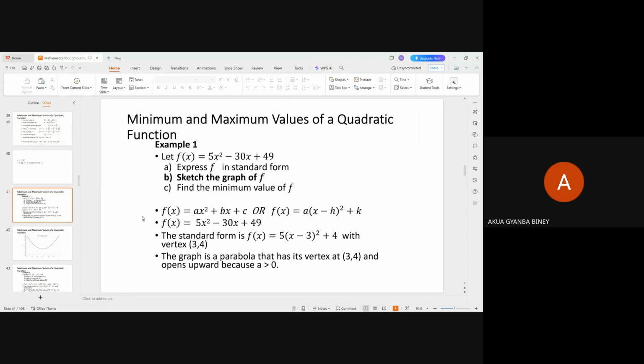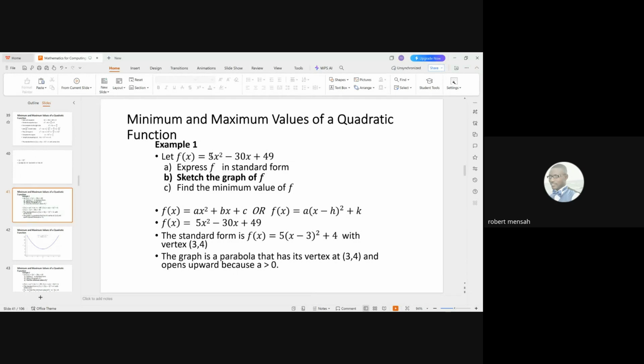So when we go on, this function, we have put it in a standard form, which is this. Now our h and k is our vertex. So in sketching the graph, the vertex is 3 and 4. How do you know whether the graph is going to open upward or coming down?